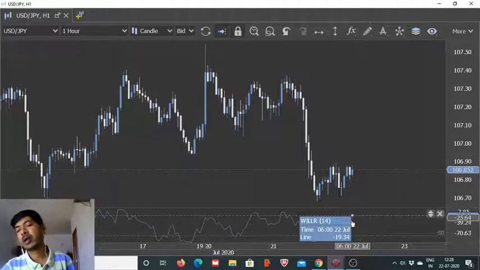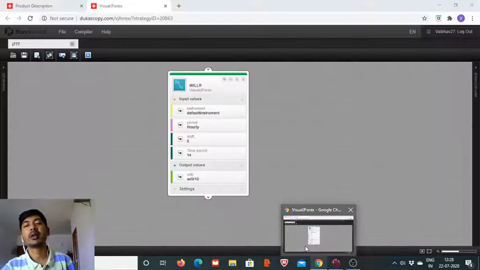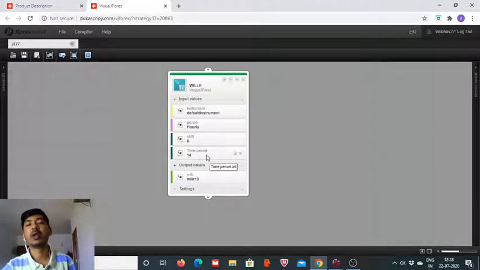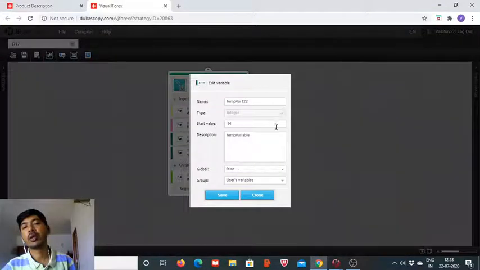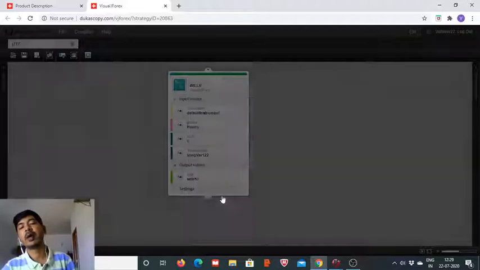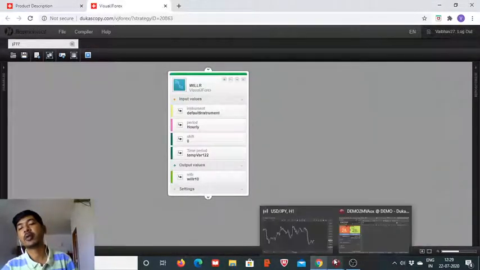Here this indicator has been defined as per the default time period of 14, but you can make changes to it as well. If you want to use a different value, you can choose another value if that serves your purpose well.